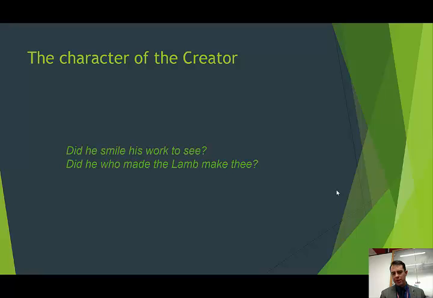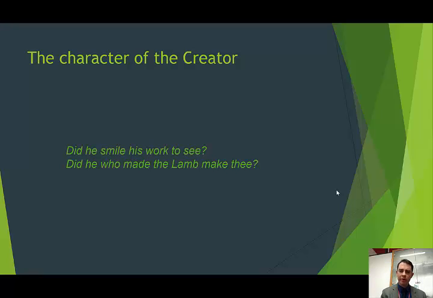I say talks about, but he doesn't actually talk about it. He questions, he wonders, he ponders, he ruminates, he imagines, he asks. "Did he smile his work to see?" Does the Creator look at the tiger and take pleasure in its violent potential?